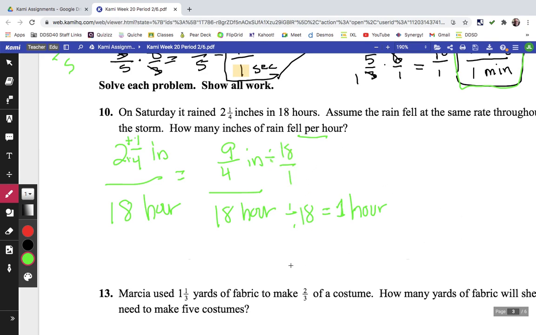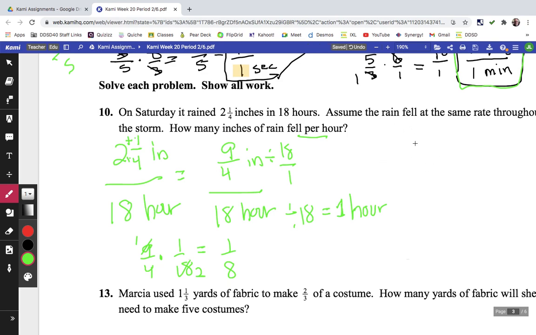And so I'll just do my arithmetic down here. 9/4 times 1/18. 9 goes into 9 once, 9 goes into 18 twice. So this is going to be 1/8.